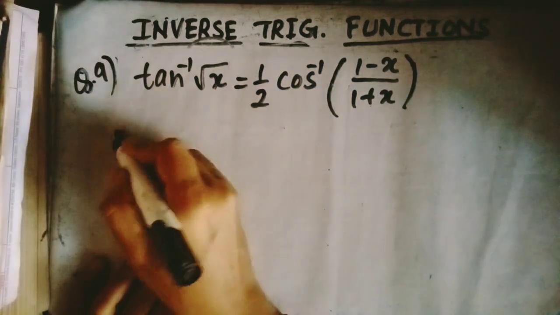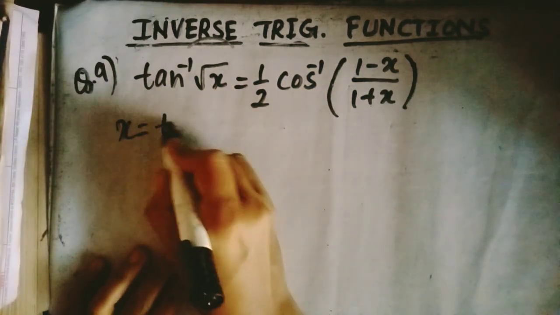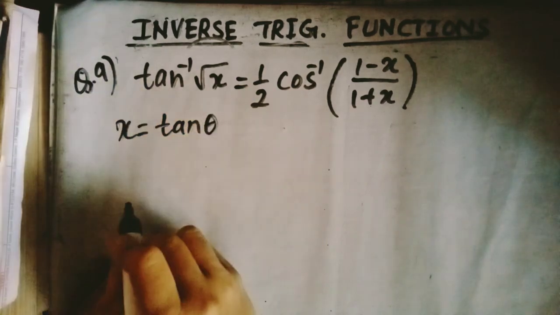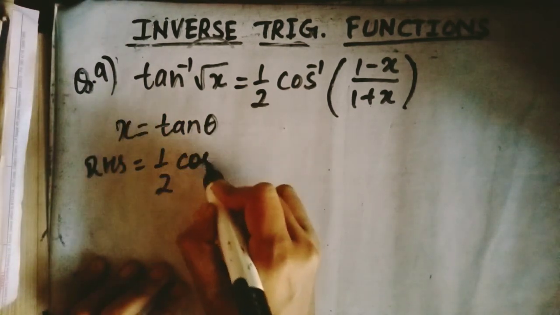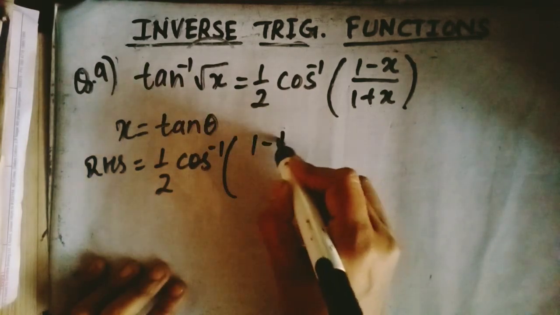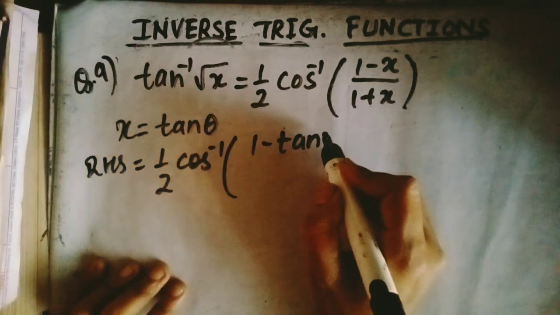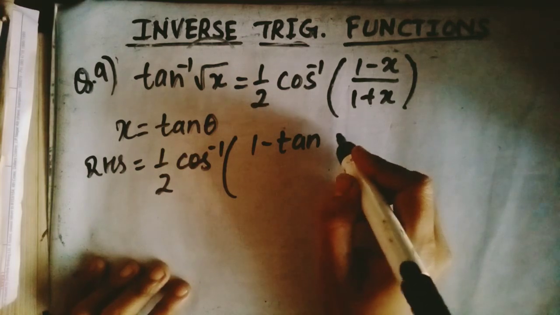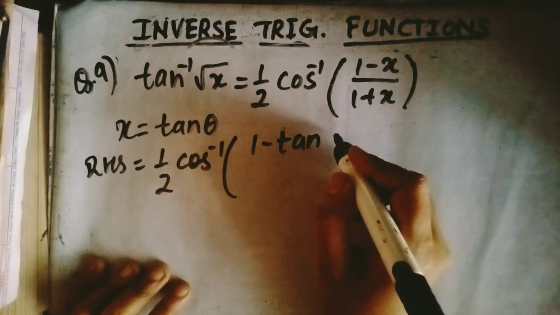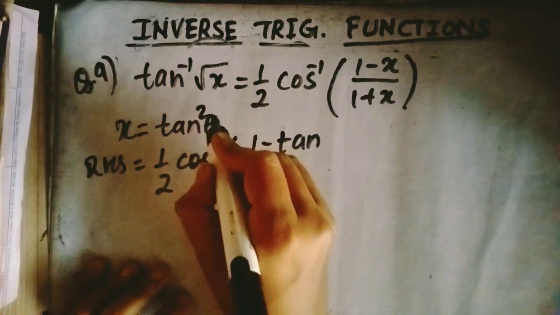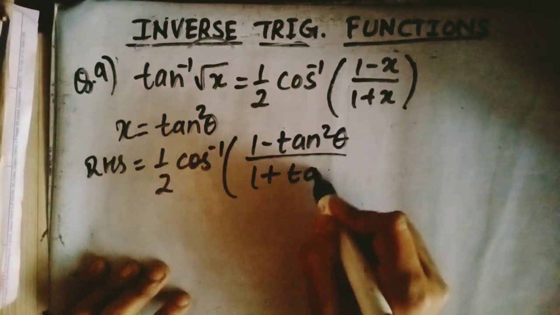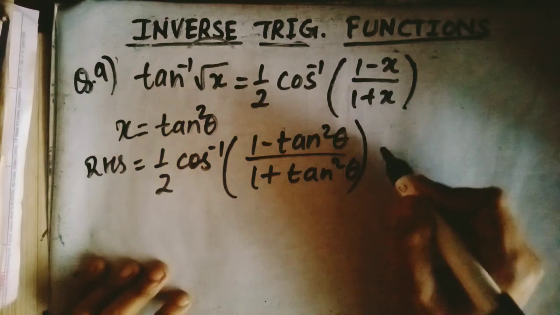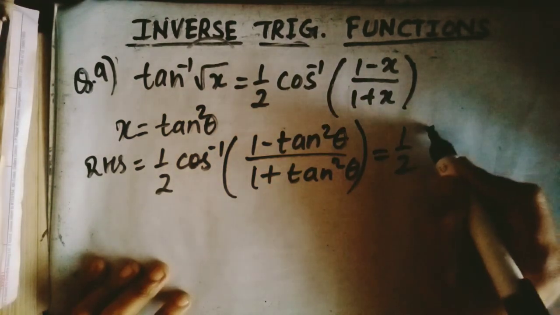So substituting x as tan square theta, RHS will be half cos inverse of 1 minus tan square theta upon 1 plus tan square theta. So you'll get cos 2 theta.